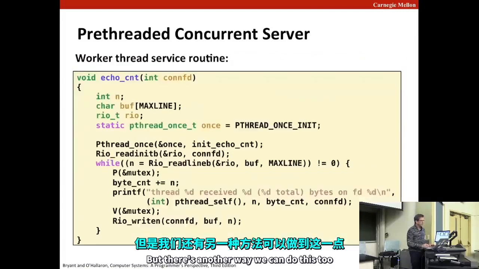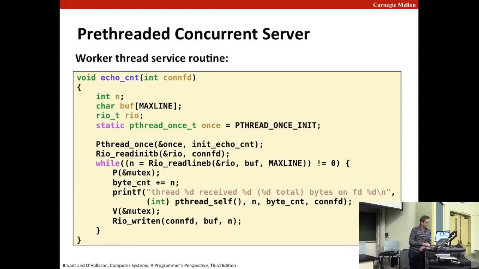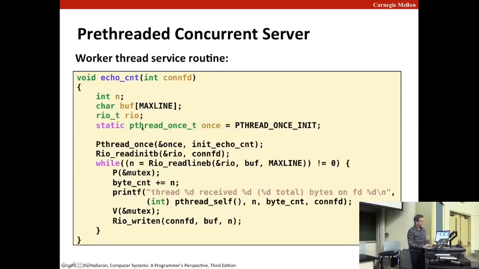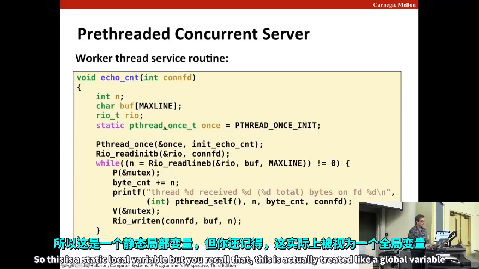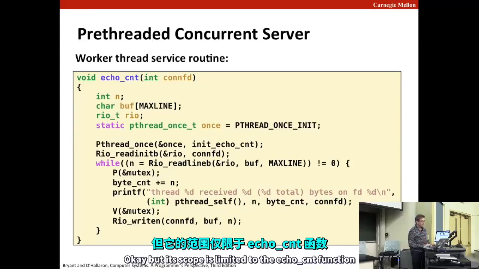But there's another way we can do this too. We can have the worker threads actually call the initialization function. And we can use this technique provided by pthreads, where we define a static variable. This is a static local variable, but you recall that this is actually treated like a global variable. So every thread has access to this variable, okay?